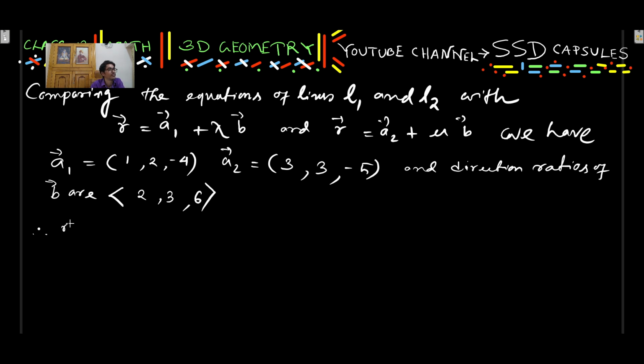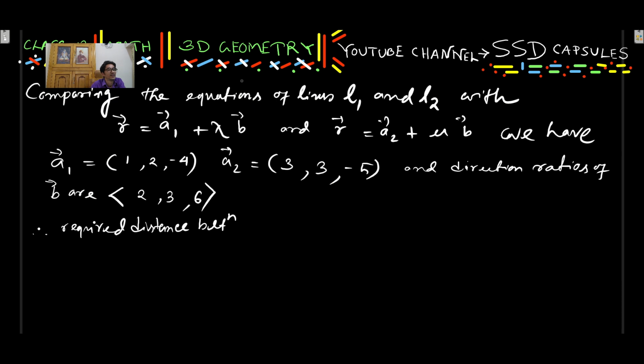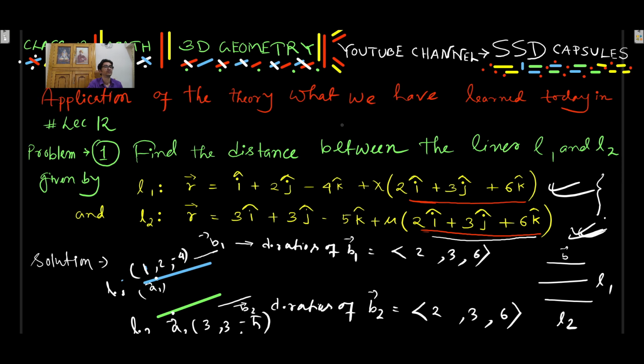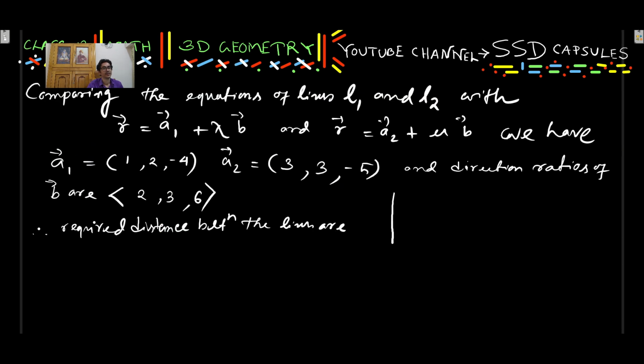So the required distance between the lines, we simply use the Cartesian form: B vector cross A2 vector minus A1 vector, divided by the magnitude of B vector.